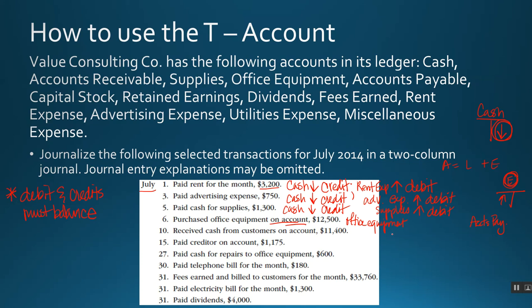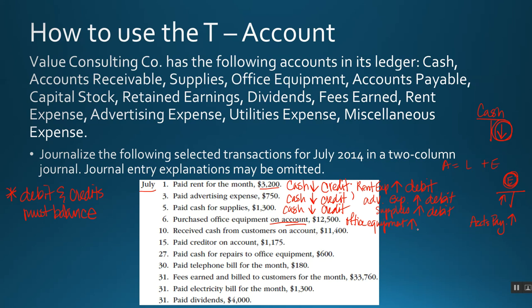So is office equipment increasing or decreasing my business? It's increasing because I didn't have equipment before and now I do. Accounts payable, is my debt increasing or decreasing? It's increasing because I use debt to make the purchase. So both of them are increasing, but they increase on two different sides.